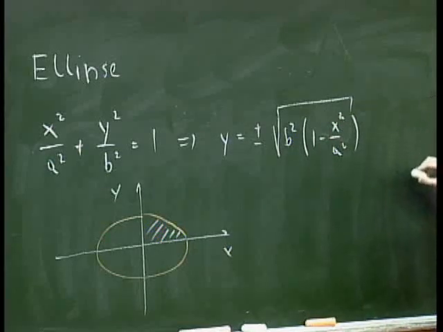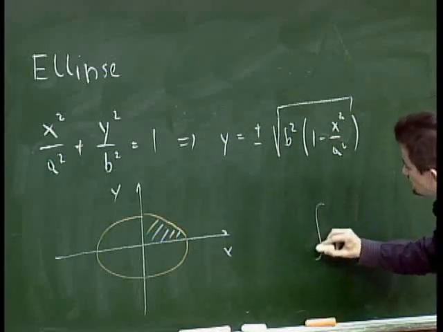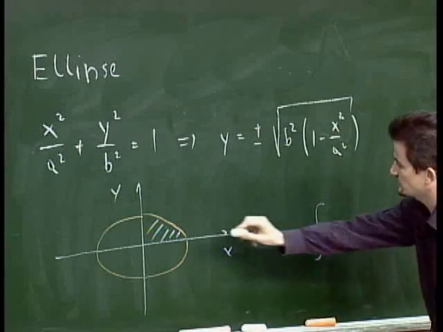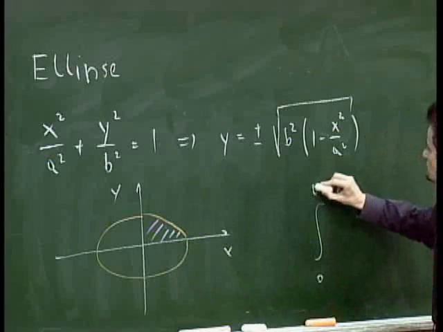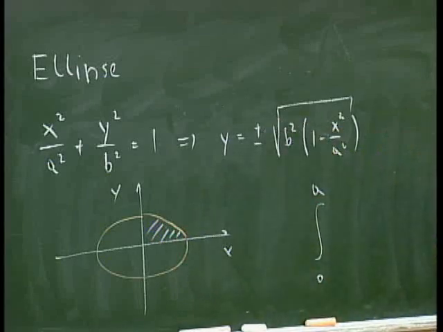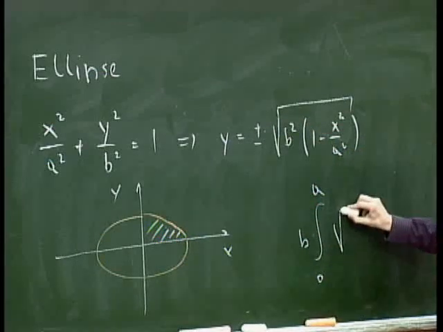We just compute this piece here, so we go from 0 to a, and we just take the plus. So we have b times the integral.